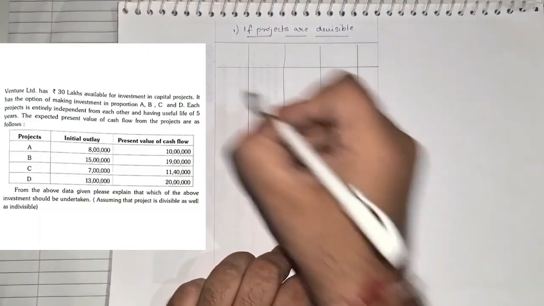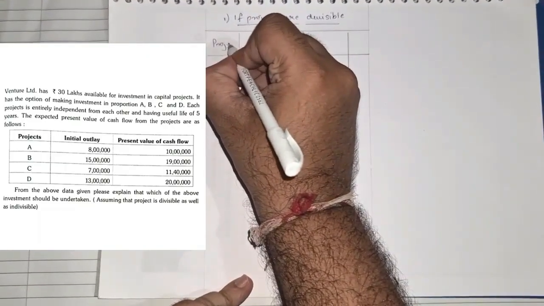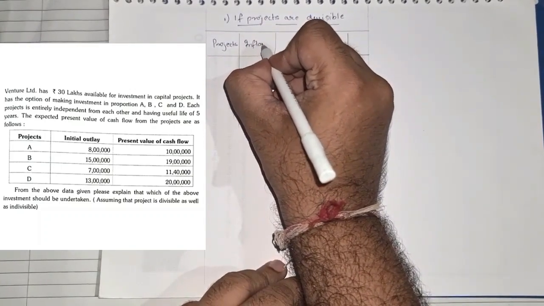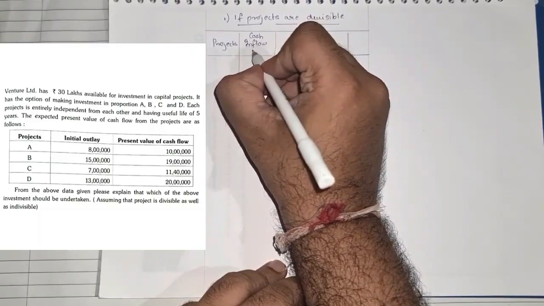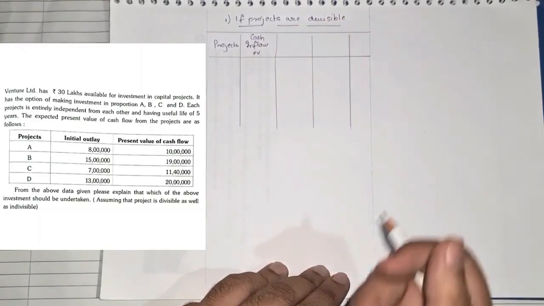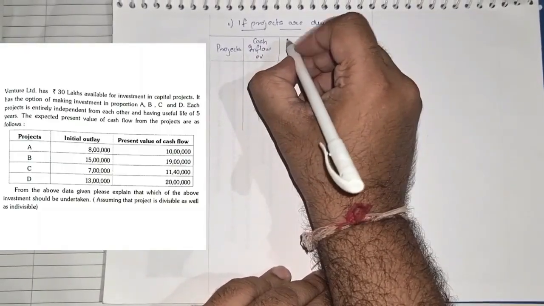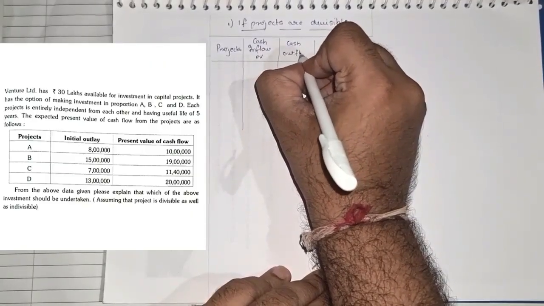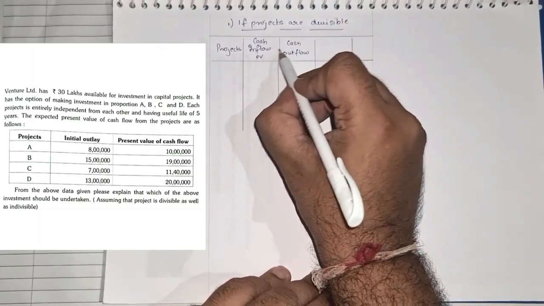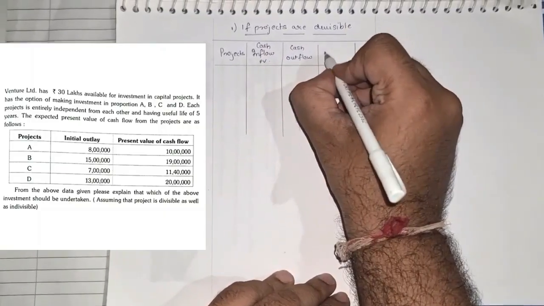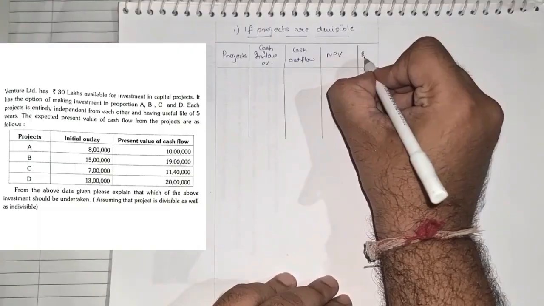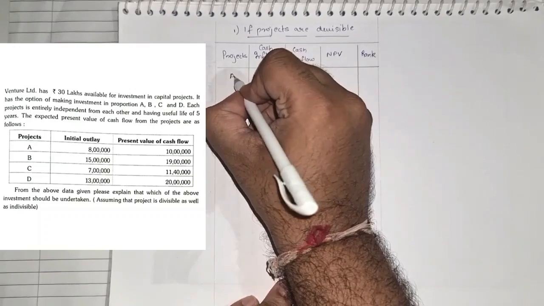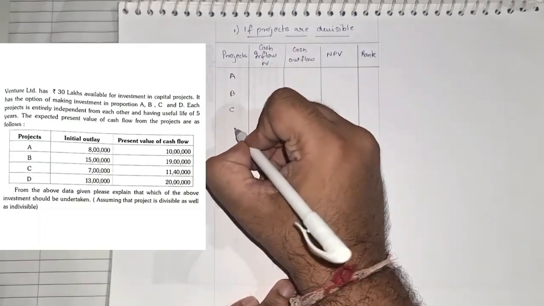So I will write projects, then cash inflow, which is nothing but the PV values given to us, and cash outflow. When you subtract cash outflow from cash inflow, we get NPV, and then we rank them, to see which is the better among them. Now 4 projects have been given to us: project A, B, C and D.